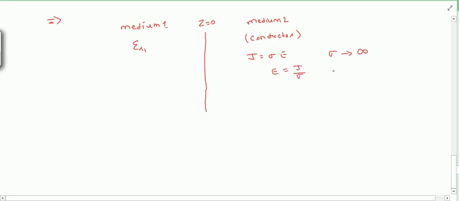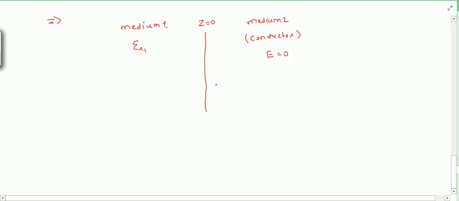So when this tends to very high, this will be 0. E will be 0. So there will be no electric field inside a conductor, and obviously as there is no electric field, the D value will also be 0 inside a conductor.